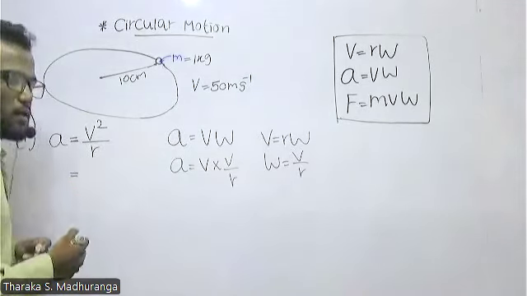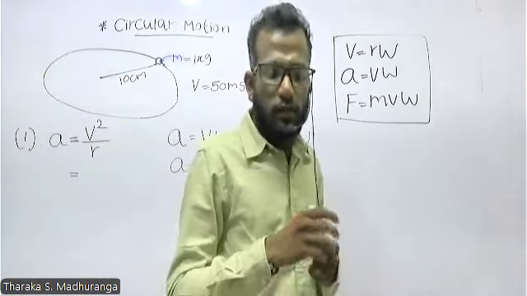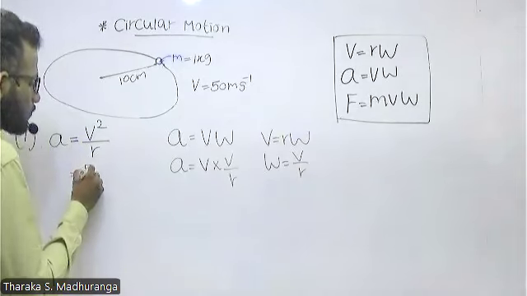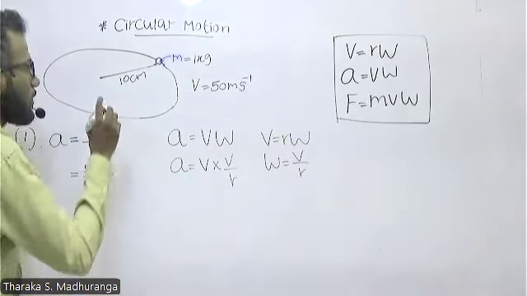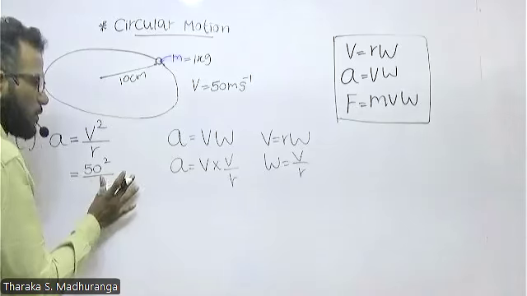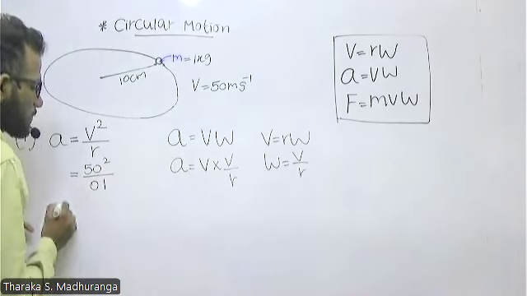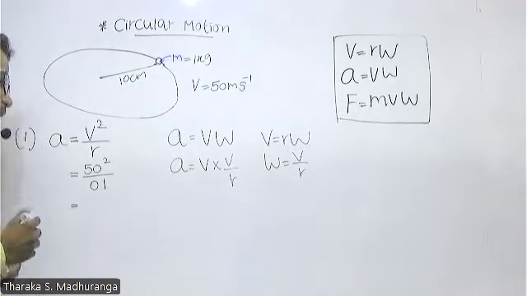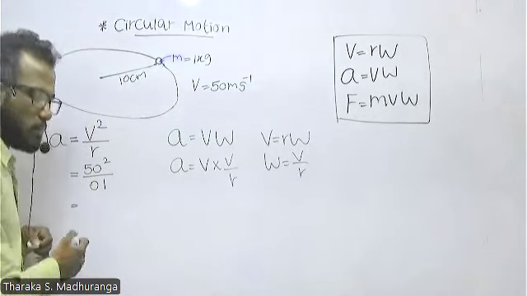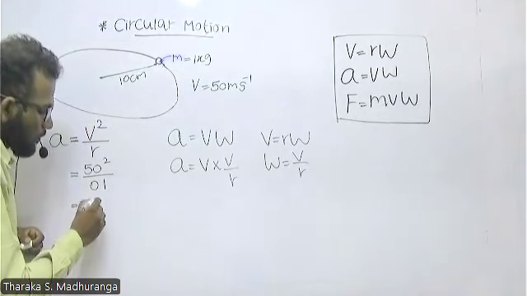The V is the velocity, the speed is given. It is 50, no? 50 square, divided by radius, which is 10 centimeter. 10 centimeter means how many meters? 0.1 meters. Then 50 square is 2500 divided by 0.1, 25,000.